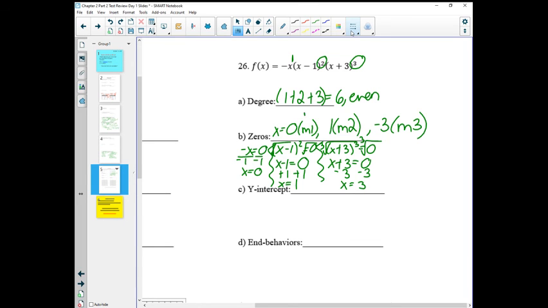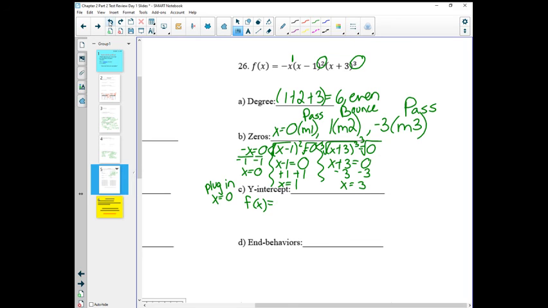The odd multiplicities, like 1 and 3, is where the graph is going to pass through those x-intercepts. And the even multiplicity is where the graph is going to bounce. So it's going to bounce with the even and pass through the odd. To find the y-intercept, we're just going to plug in x equals 0.